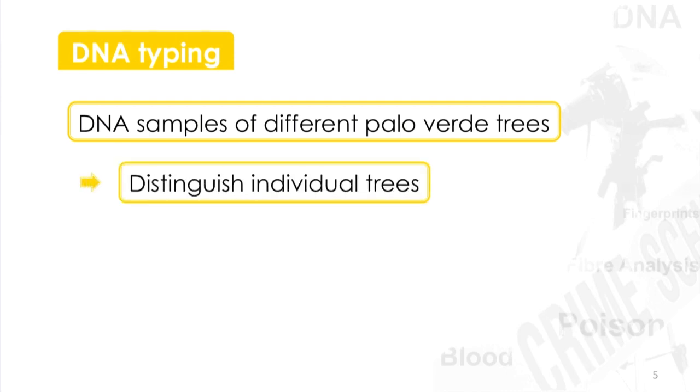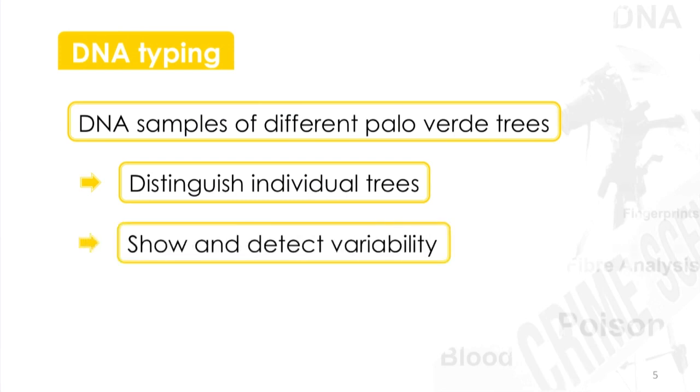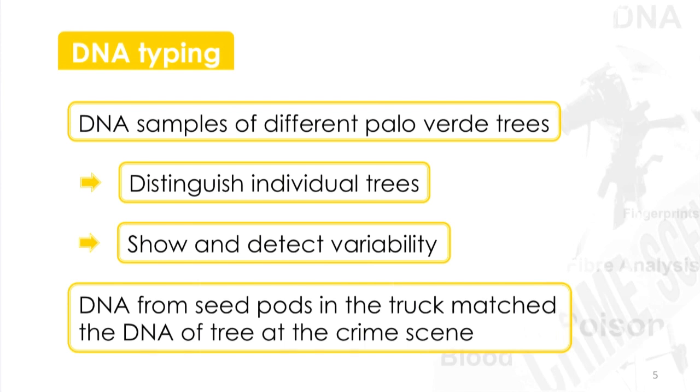So they had to show there was variability and that they were detecting the variability. That they did. And then when they compared the DNA from the seeds in the truck to the DNA of the tree at the crime scene, there was a match. And the suspect was subsequently convicted of this murder.